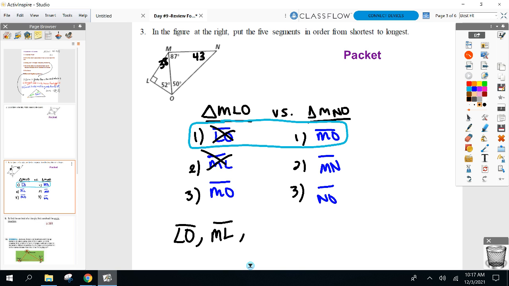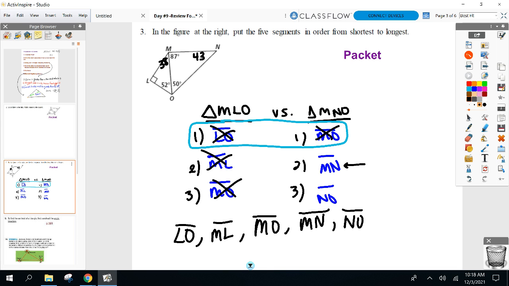My rankings go from smallest to largest, so that means there's one smaller than MN. So I wouldn't want to put MN next. I want to put MO next. Then I can finish this up with MN and the biggest side in this entire diagram, NO. Questions?